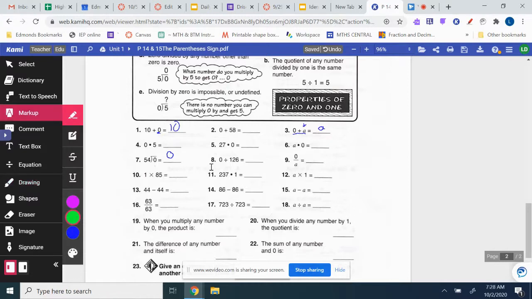All right. I'll show you something on 7, 8, and 9. They're talking about division, and they give us 3 different division problems. And they're all the same problem, essentially. So it says 54 divided by 0. This is 0 divided by 126. And this is 0 divided by 8. All of these answers are just like E right here.